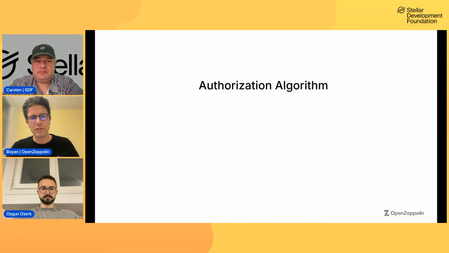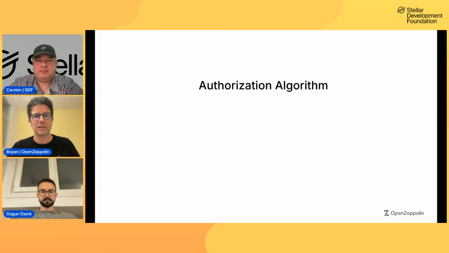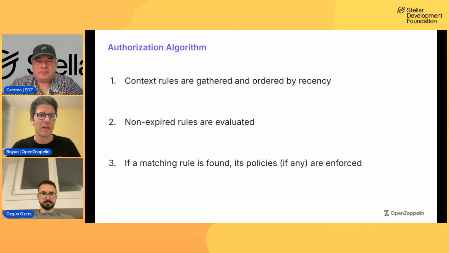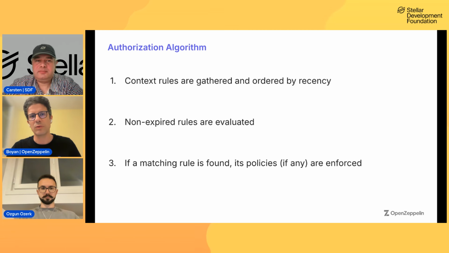And coming back to this authorization algorithm, actually it's pretty simple. When the authorization from a smart account is required, first we gather and order all non-expired rules, and then we evaluate them starting from the last added one.